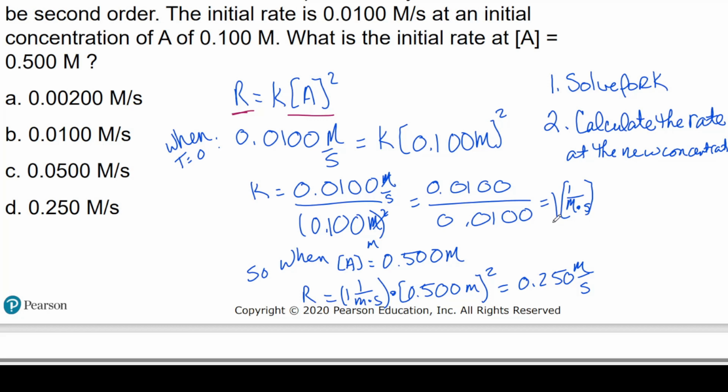So if we then take that k and plug it into our new condition where A is equal to 0.500 molar, we see that the rate is equal to 1 times 0.5 squared. So our rate at the new concentration is 0.250 molar per second.